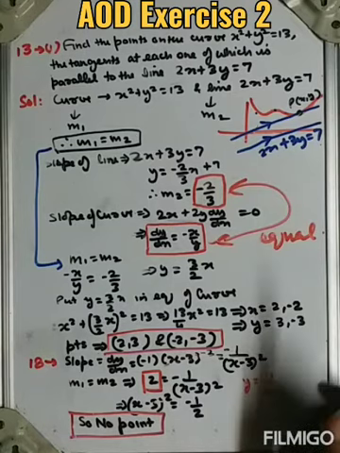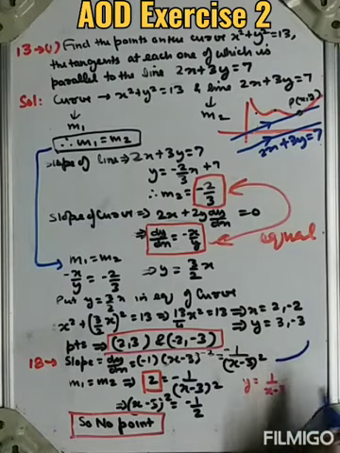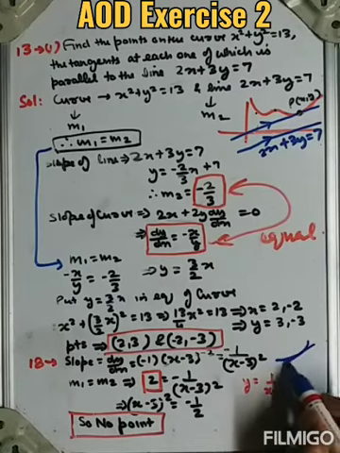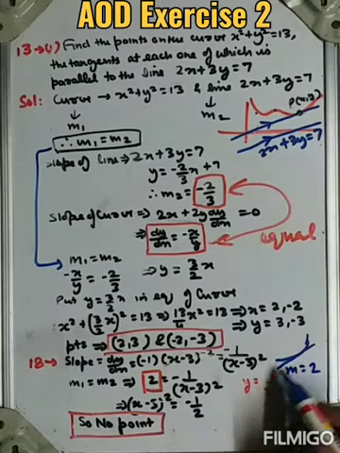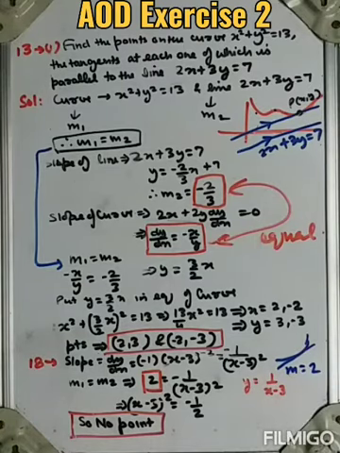Find the equation of all lines which are tangent to the curve and having slope 2. Slope should be 2 and the line should be tangent to the curve also. Now the slope should be 2.